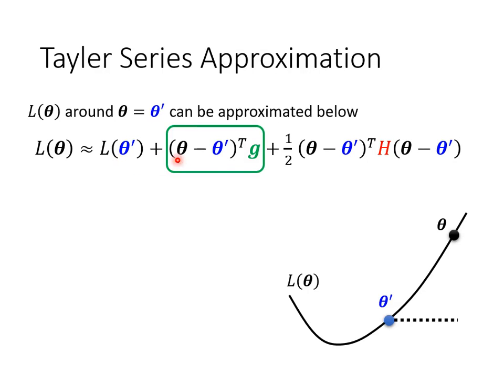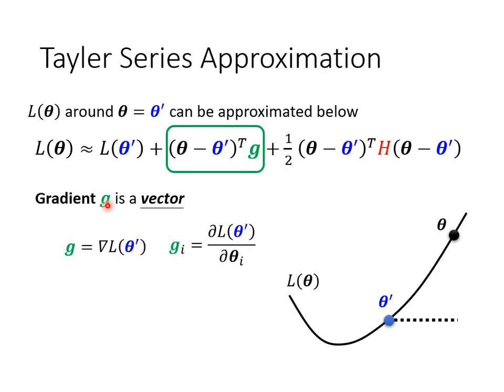The second term is the transpose of theta minus theta prime multiplied by g. What is g? G is a vector. The gradient vector. We talked about gradient last week. We'll use a green g to represent the gradient, which is a vector. So, what information can the gradient give us? This gradient will make up for the gap between theta prime and theta.